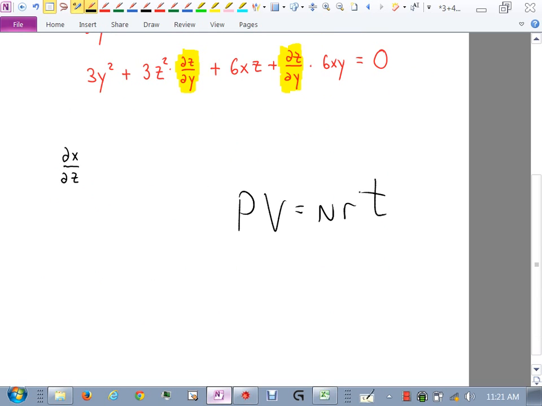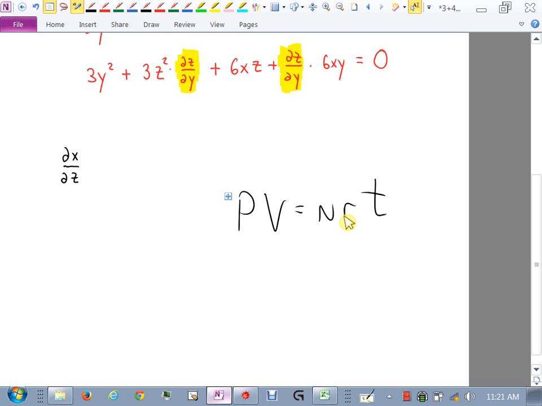Pressure times volume equals number of moles, that's a constant, and then temperature, right? So basically, these two are usually known. You know your number of moles and you know your Avogadro's constant. Is that what that is? No, it's not Avogadro. It's something else. Chemistry was like 20 years ago. Yeah, there's some constant there.